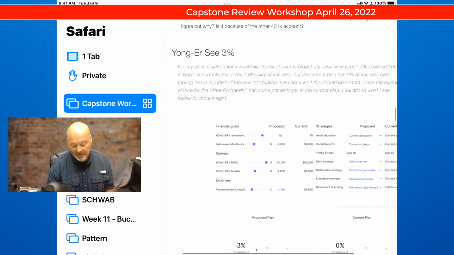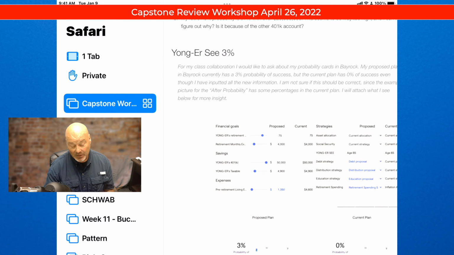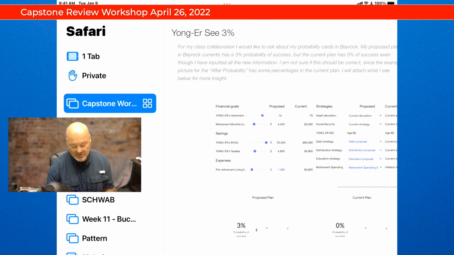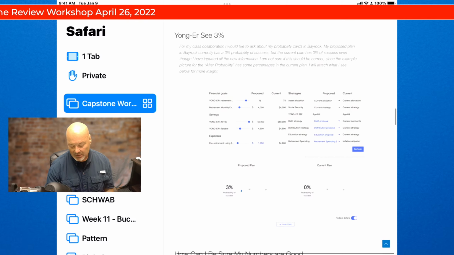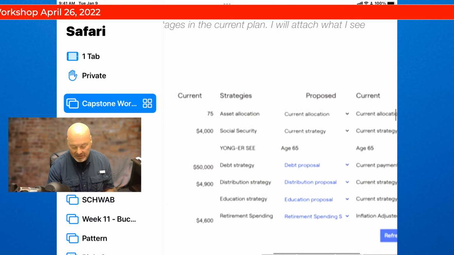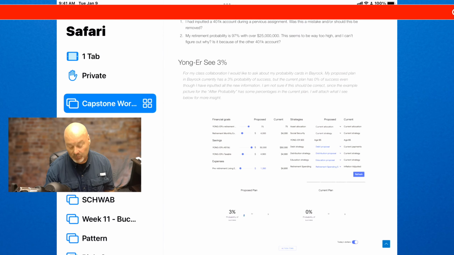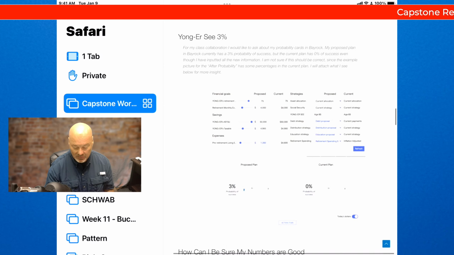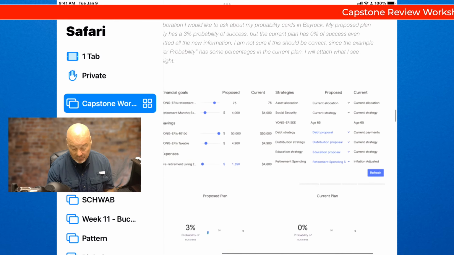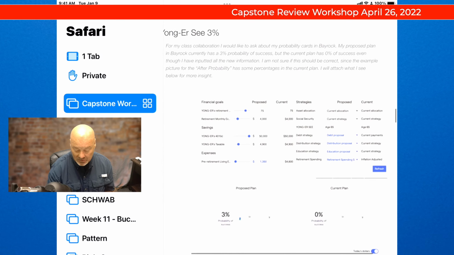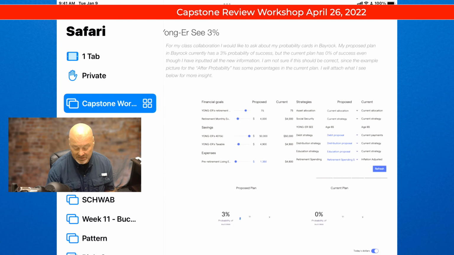So I would jump into your plan if I were you, and I'd look at your income, look at your goals, look at your expenses. Something is clearly out of whack. And probably asset allocation is another one that could really move the needle for you. In this screenshot, it doesn't look like you've changed your asset allocation.